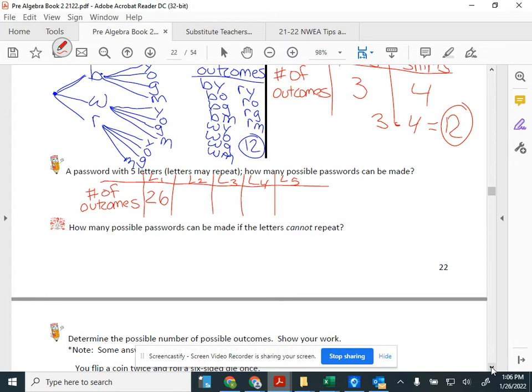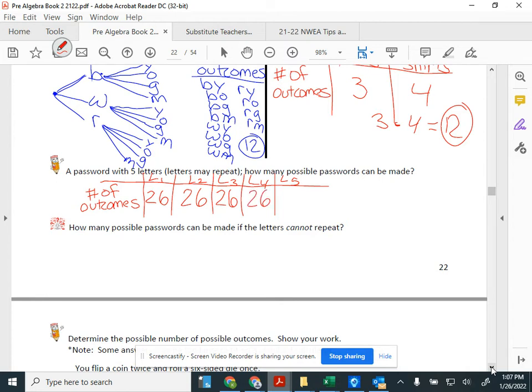You're right, because the letters can repeat. So we have a choice out of 26 again. So letter 3 is going to be out of 26 possible outcomes. Letter 4, how many outcomes, Sam M? 26.